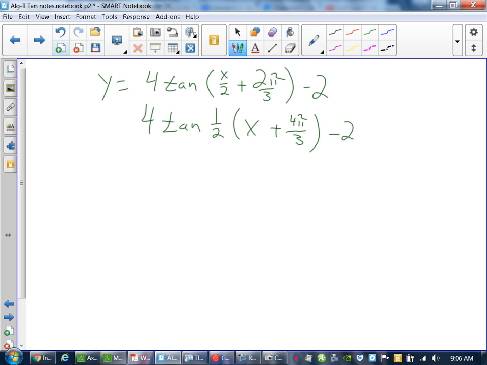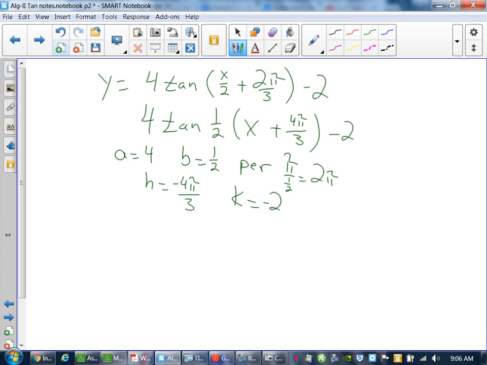So A is 4, B is a half, which gives me a period of pi over half, so it's 2 pi. An h value of negative 4 pi over 3, and a k value of negative 2.